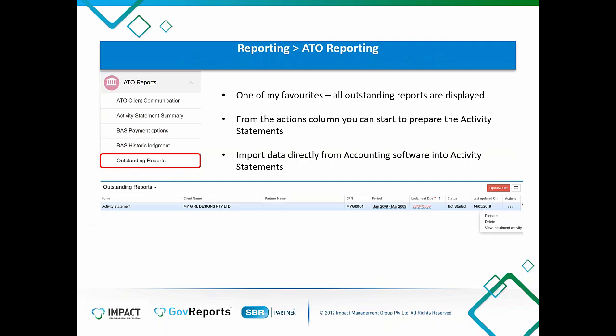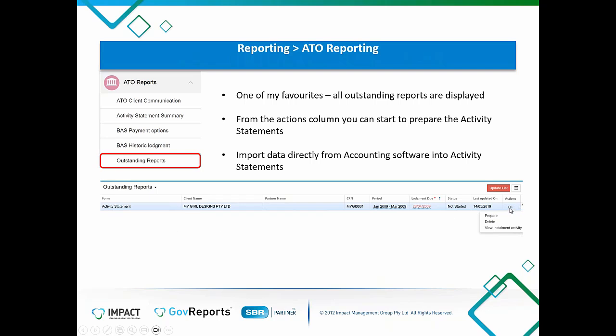Another one of my favorites, the outstanding reports. So in here, if you were going to manually update your list, you would click on the update list. From the outstanding reports that appear here, you can have all your outstanding reports appearing.